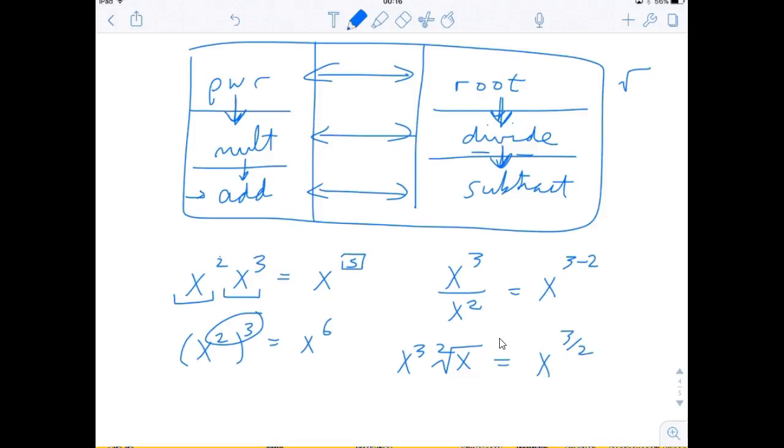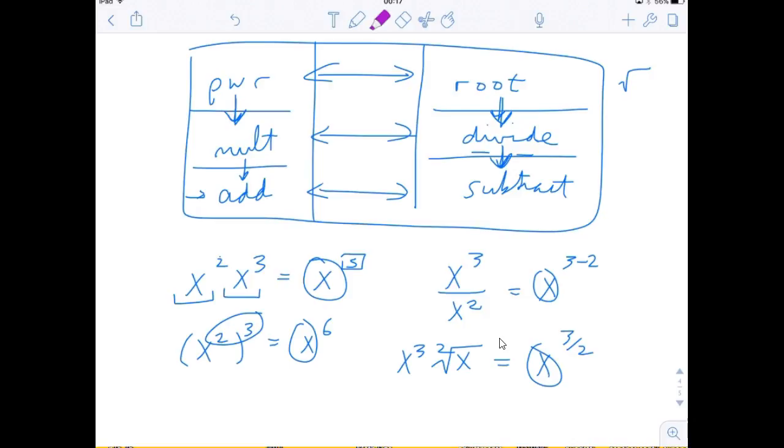Okay, so basically the way it works is I look to see what operation I'm doing between the exponent expressions, and when I want to convert that into a single exponent like I do here, I look at the chart, I look one level lower, and then I use the operation that's one level lower to combine the exponents.